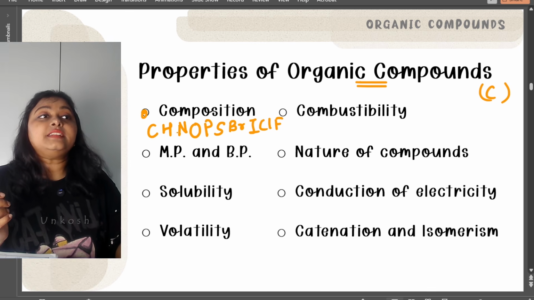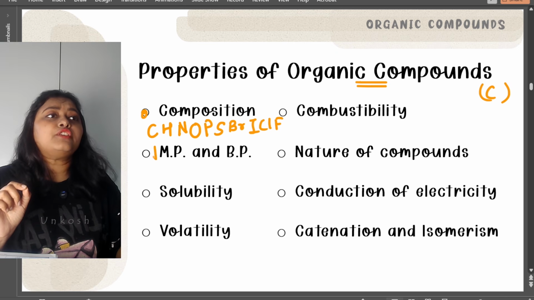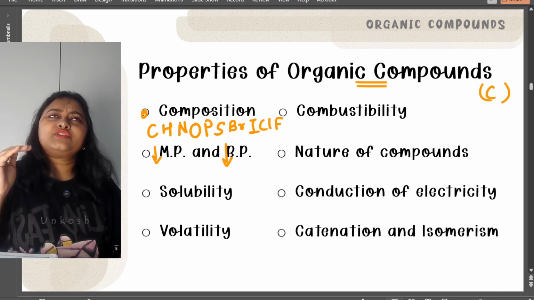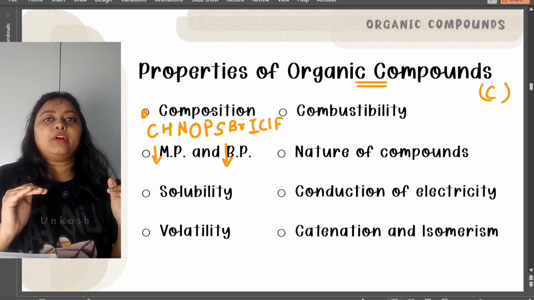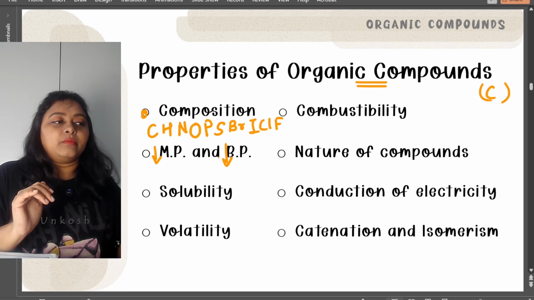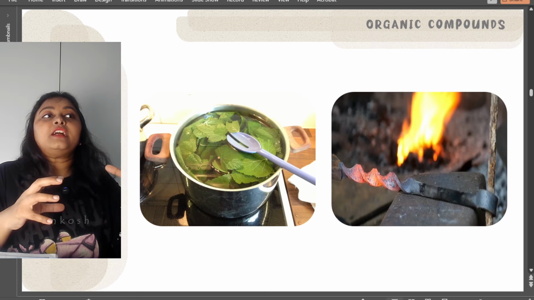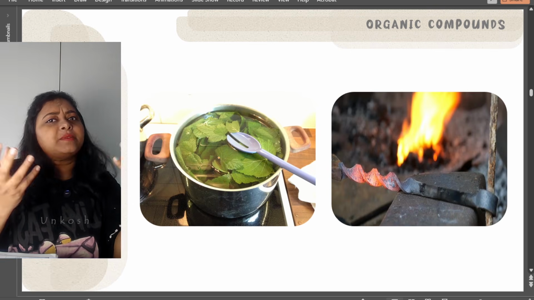Other than that, we need to remember that organic compounds have very low melting points and boiling points. Now, are they extremely low? No. When I say they have low melting points and boiling points, this is in comparison to inorganic compounds. Say, if we are to boil a leaf. Now a leaf is made up of organic compounds.